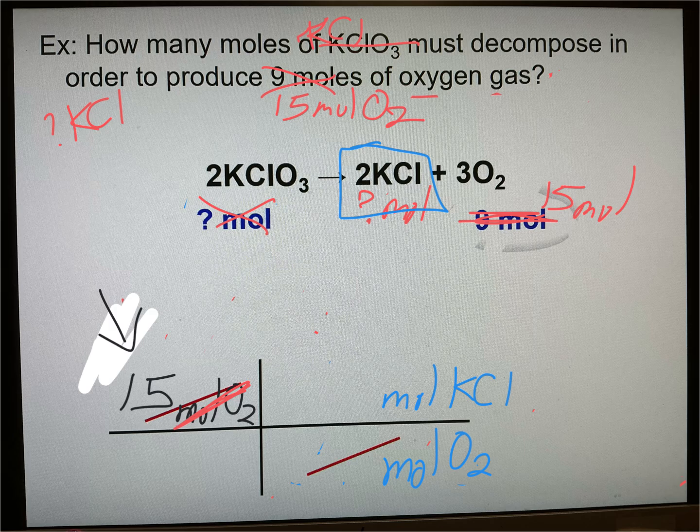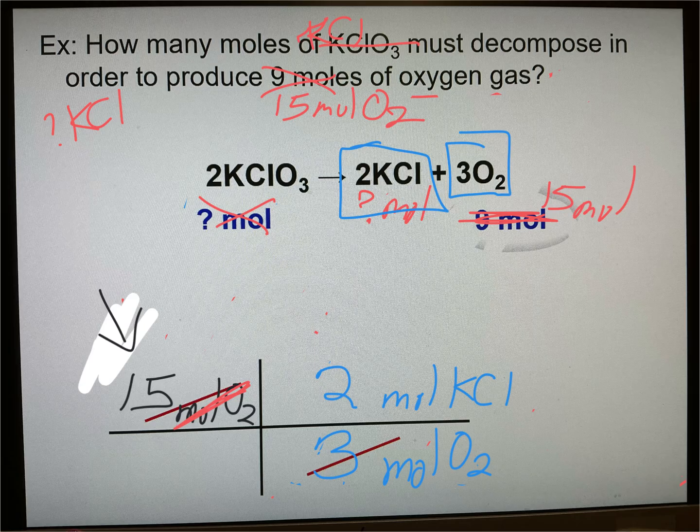Remember, your coefficient is your mole. Yep, it's going to be a 2. So you have 2 moles of KCl. What's going to be your mole of oxygen gas? Yep, because that's your coefficient. You're going to put 3 moles of O2.